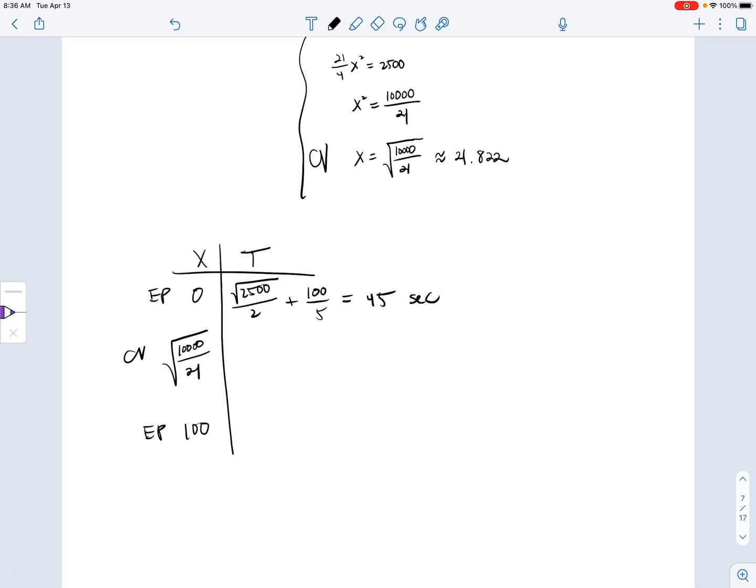Okay, and then I'll type my critical value into our time equation. I've used the letter A for x, that's what I stored it under in my calculator, so I'm going to write in A here just to show that. Divided by 2 plus 100 minus A divided by 5.